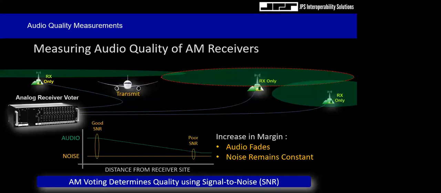Again, this is a different way of assessing the quality of audio coming from one receiver site only. We might hear the aircraft on all my receiver sites, but there's always going to be one site that has better signal to noise ratio or lower spectral noise, and we're going to vote that site and retransmit it or deliver that information to the dispatcher.